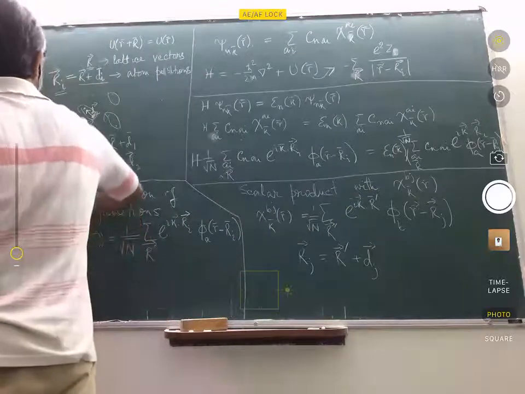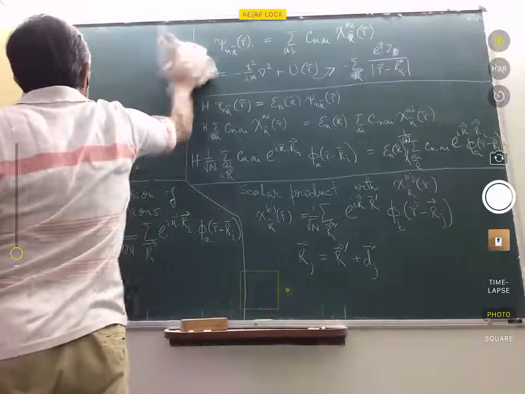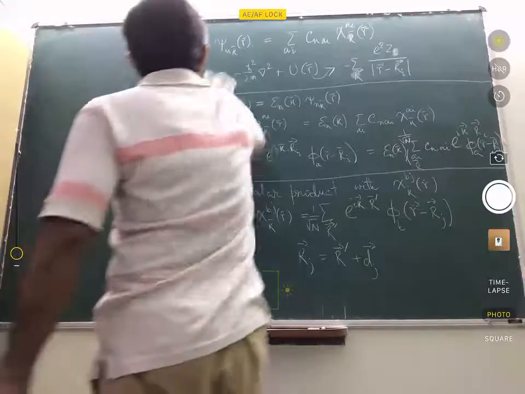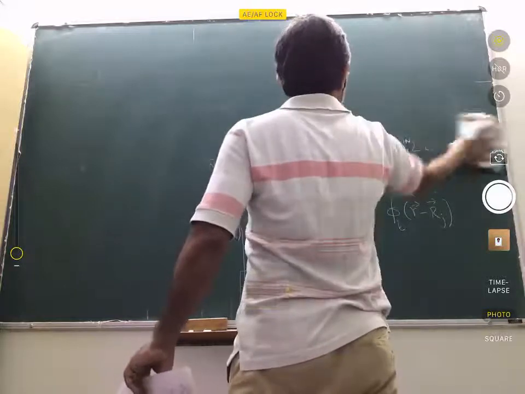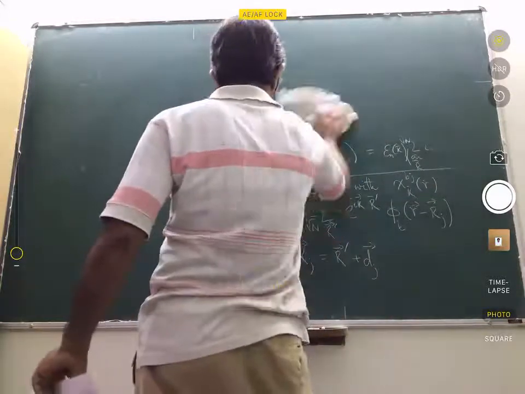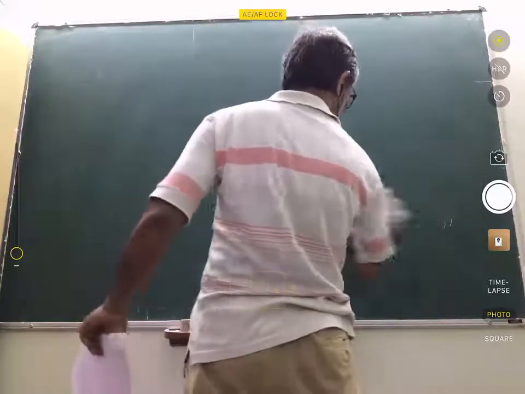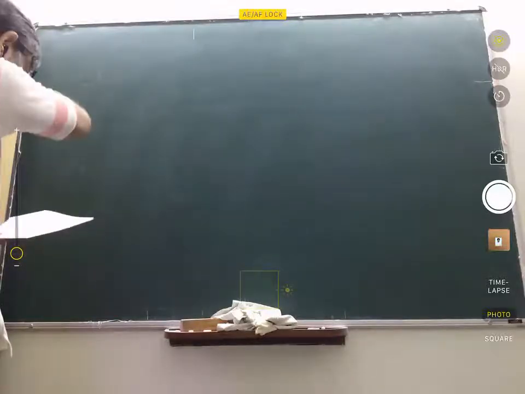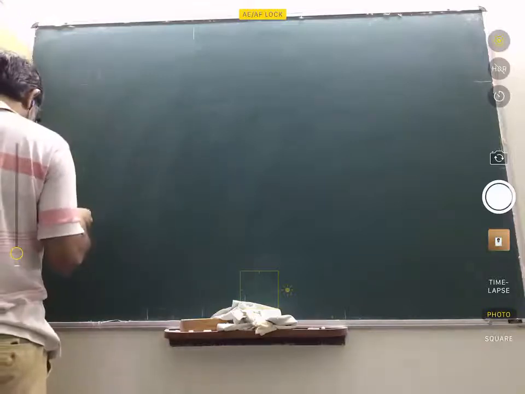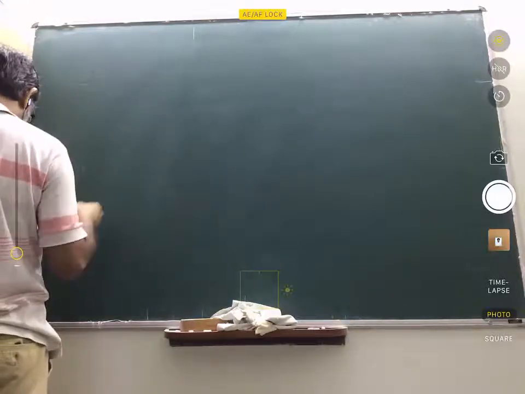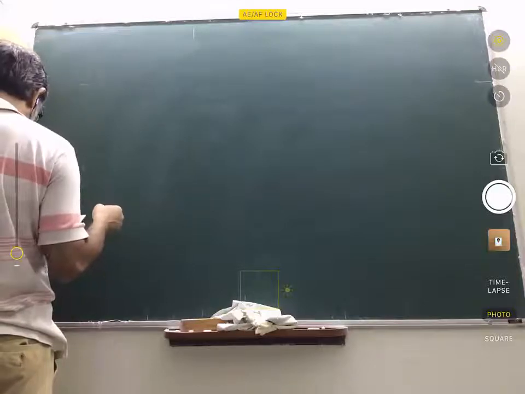So let me erase this. So on the left-hand side, the factors of n and all will go away.